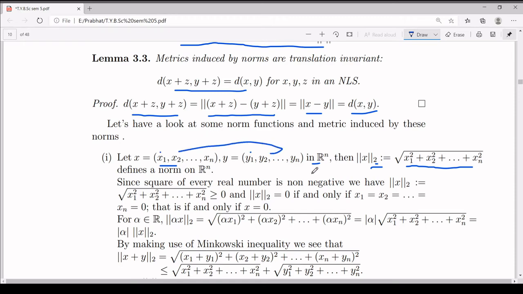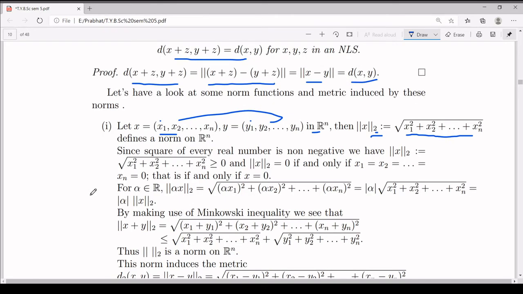That will be your Euclidean inner product, and that inner product will give rise to this norm. So from there also you can say that the Euclidean inner product is an inner product and it is giving rise to this function, so it is a norm. In that way also you can see, but here I will prove explicitly that it satisfies all the conditions to be a norm.